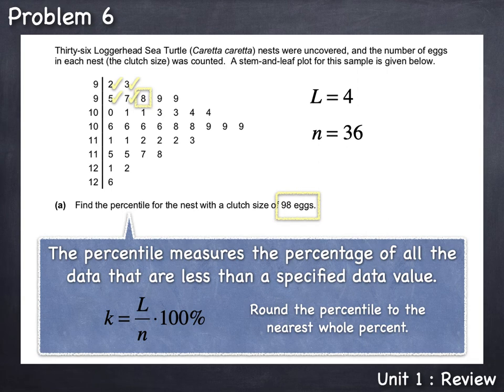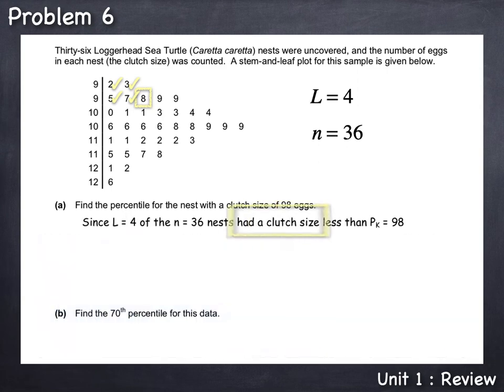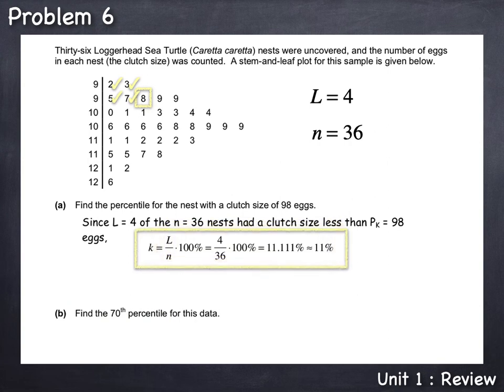Now we can plug these values into the formula to calculate K, the percentile. K is equal to 4, the number less than, divided by N of 36, times the 100%. This equals 11.11111%.